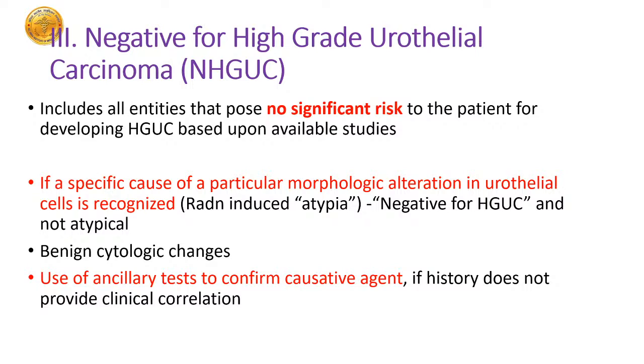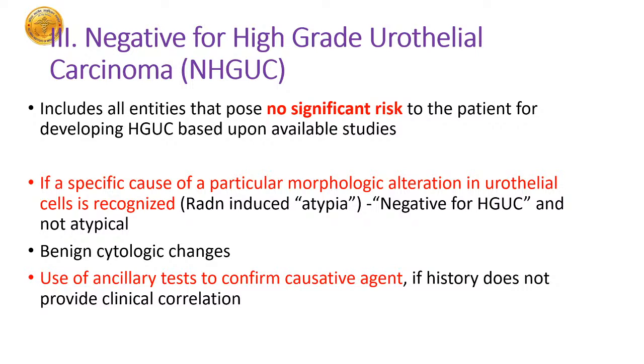Right, so we come to the first category of the Paris classification, which is negative for high-grade urothelial carcinoma. Please remember, this will include all entities which pose no significant risk to the patient for developing an AGUC. This is based upon several studies.